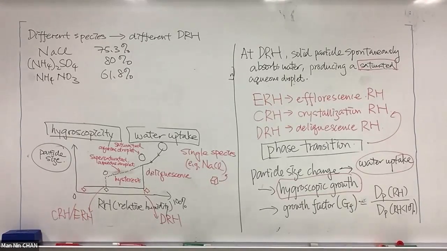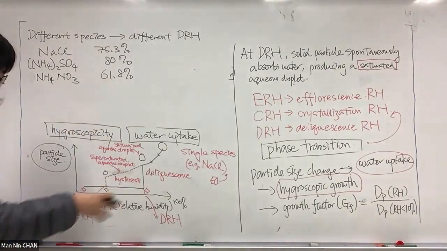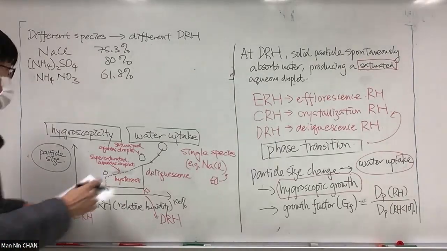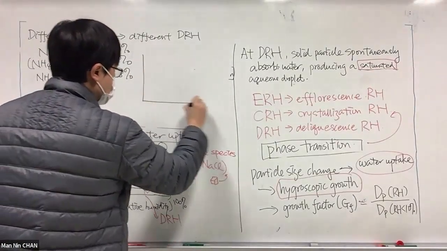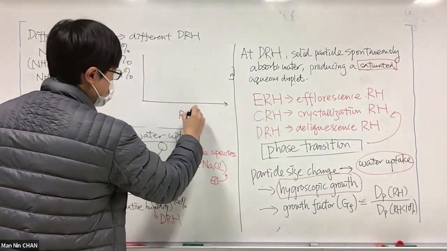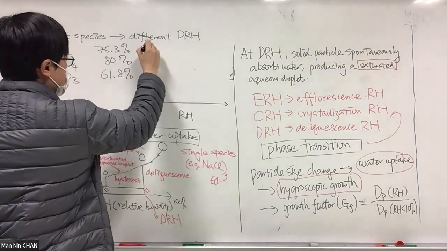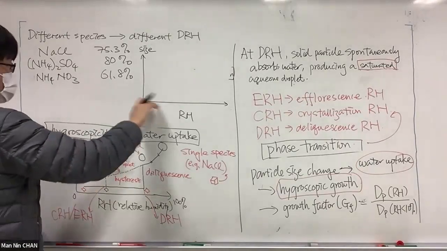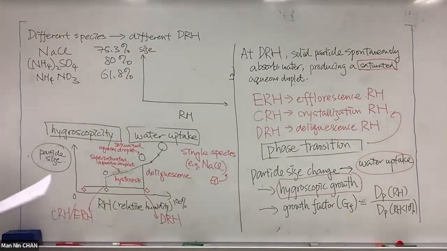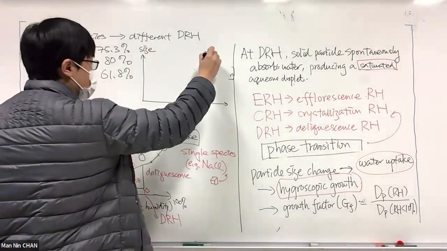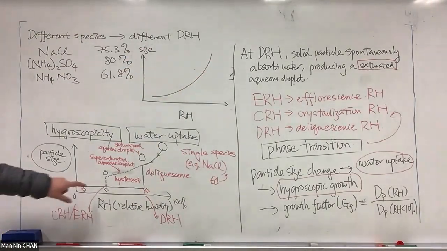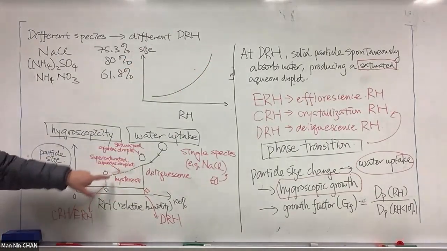Also, I want to highlight something for some species. If they exist in the aerosol phase, you will find that if this is the RH and this is the particle size, basically we have the same figures here: the relative humidity and the particle size. You will find some species that don't have this kind of sharp change in particle size.